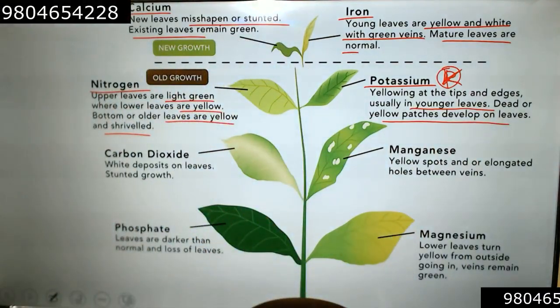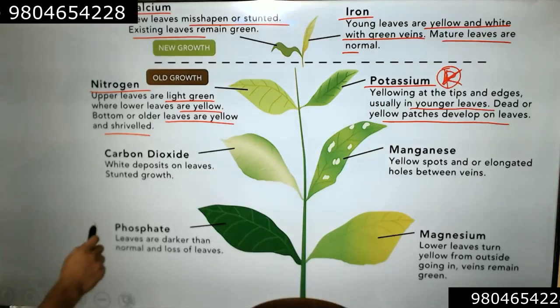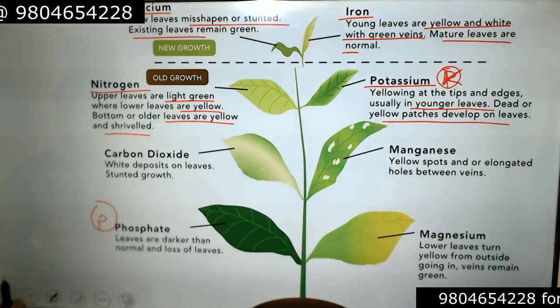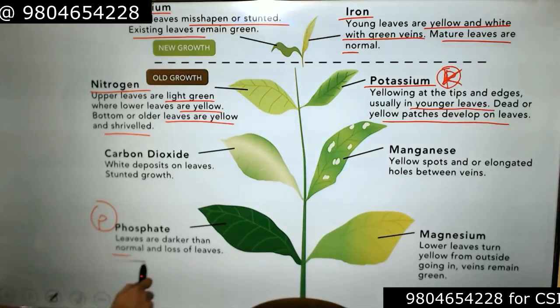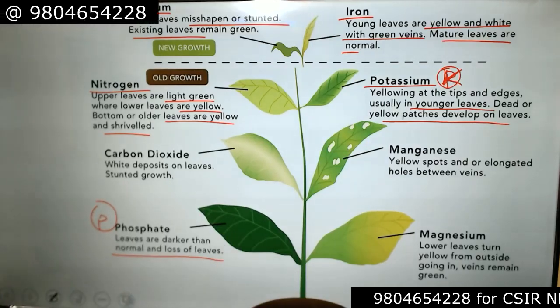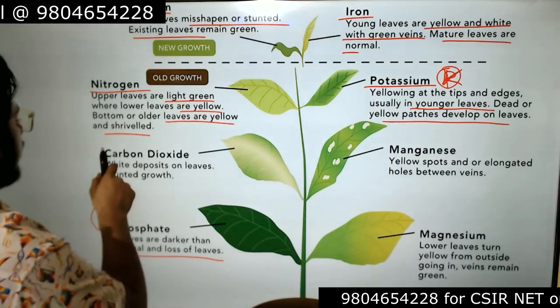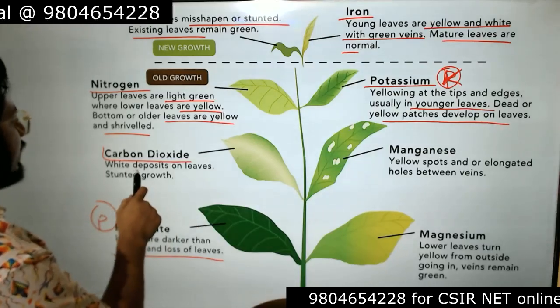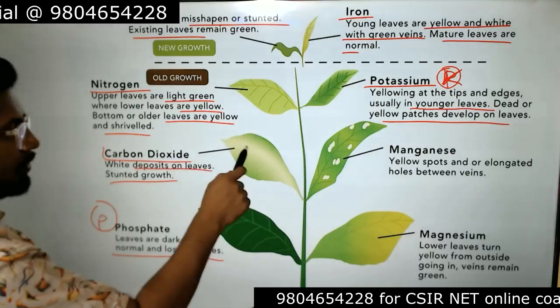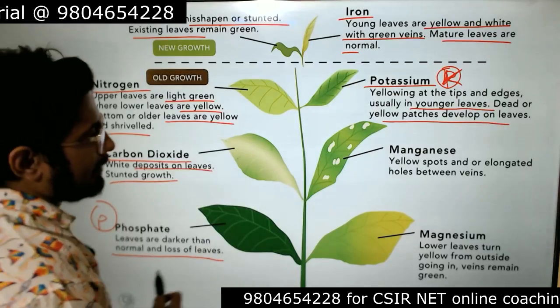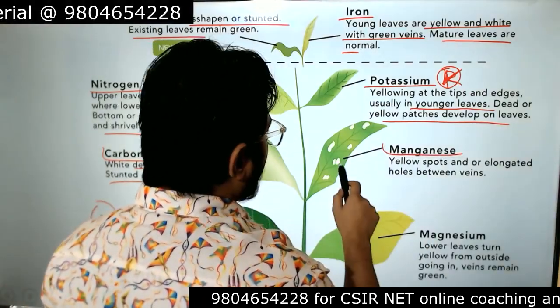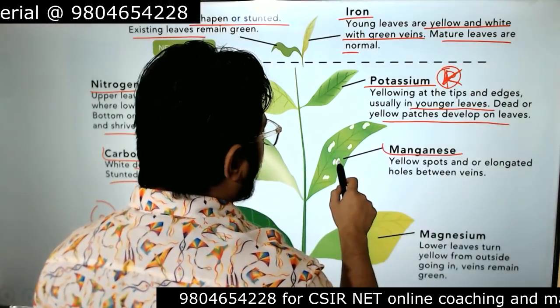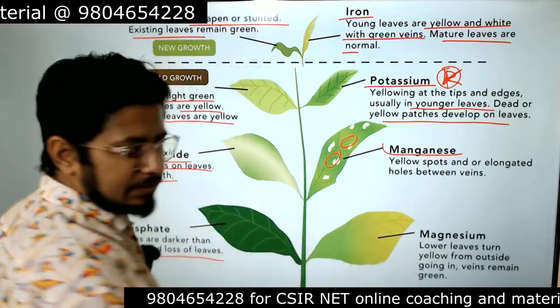Phosphorus deficiency: leaves are darker than normal, and there is loss of leaves. Carbon dioxide: white deposits on the leaves and stunted growth of the leaves. Manganese: yellow spots or elongated holes between veins.